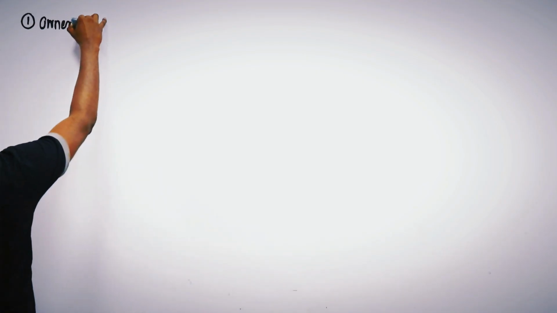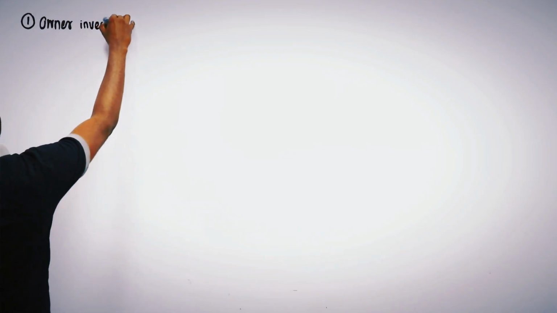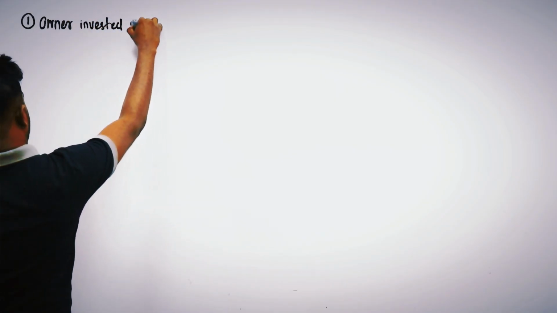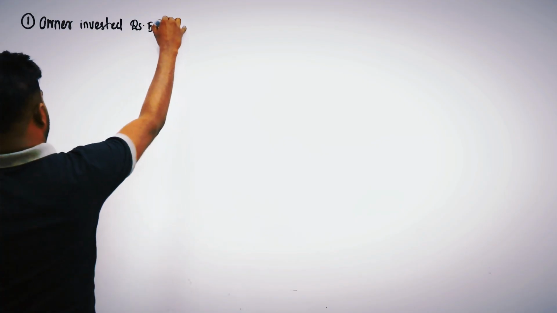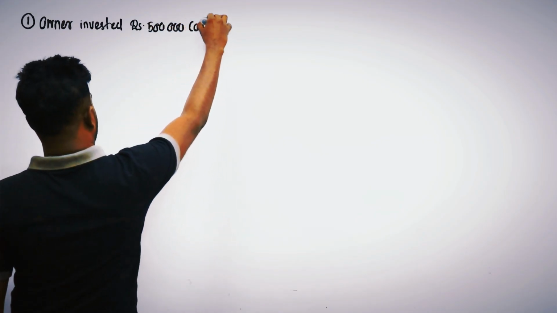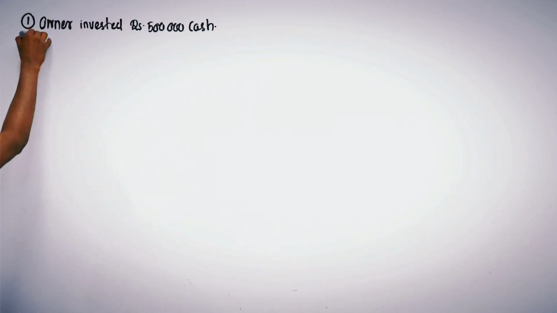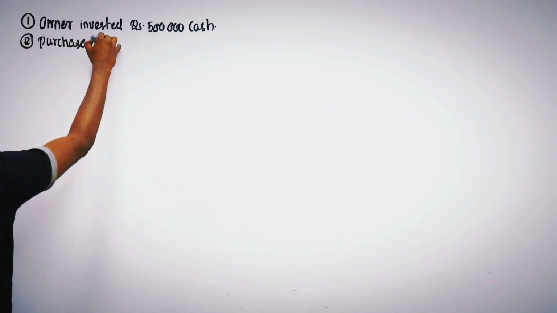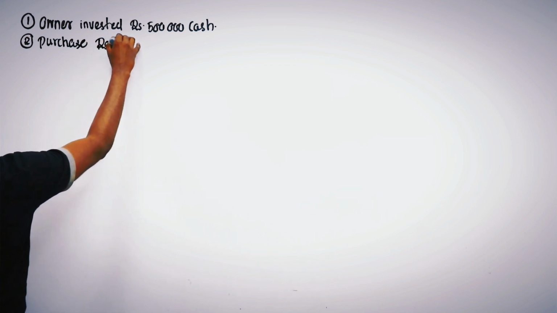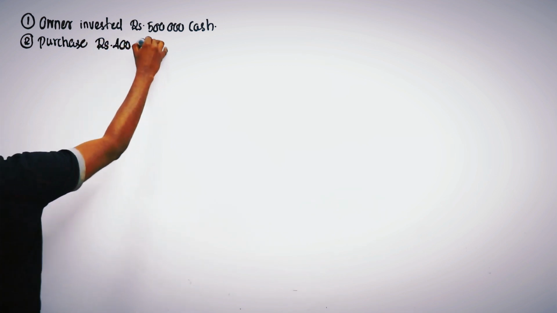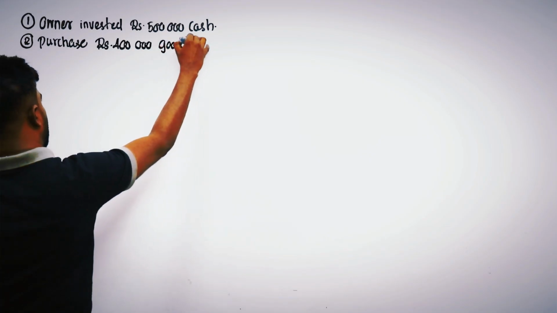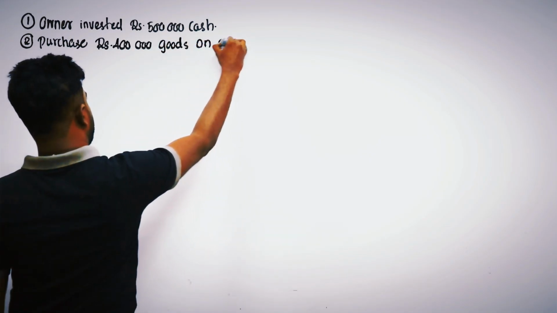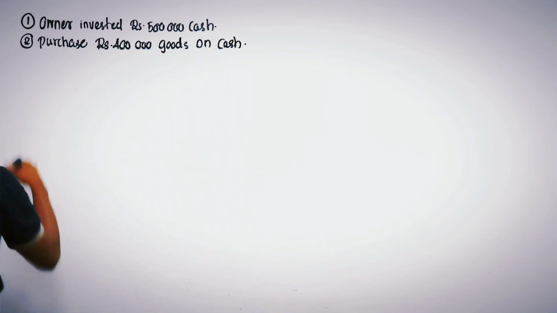Owner invested 500,000 cash. Write it down. Second one, purchased 400,000 goods on cash basis. Clear?